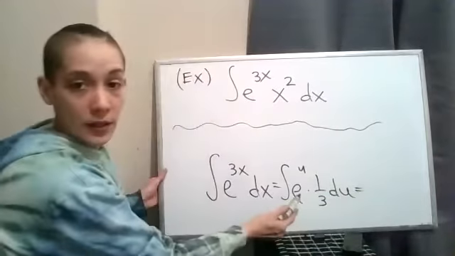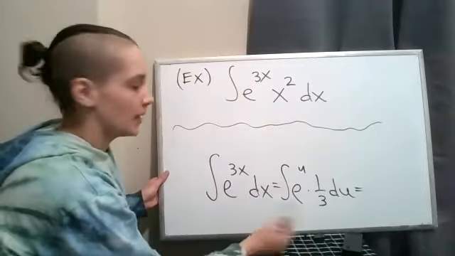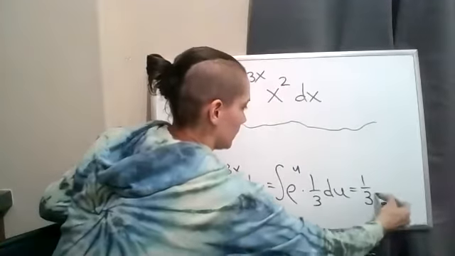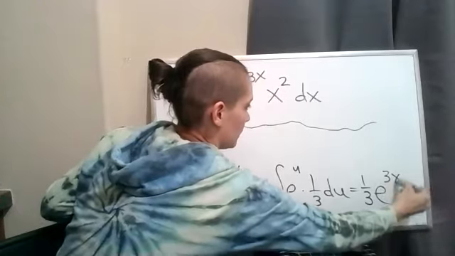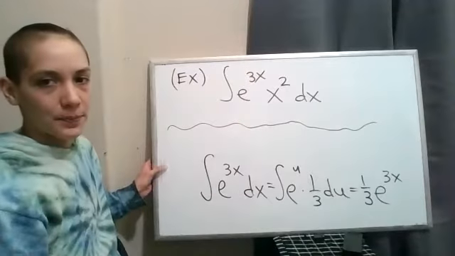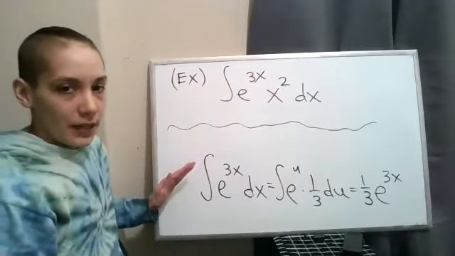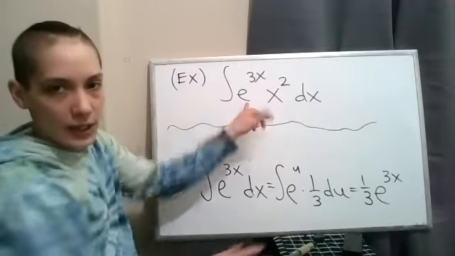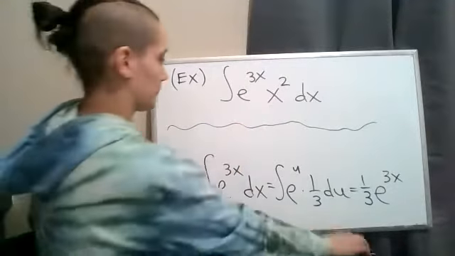Okay, so 1/3 e to the u, and then put back what u was, which was 3x. Okay, so when we do this problem, we're going to have that shortcut.